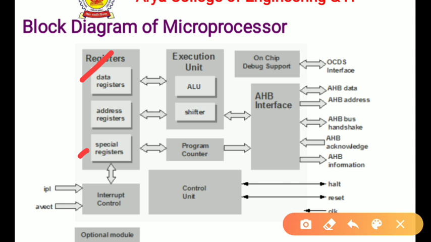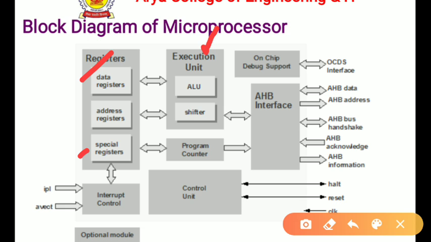For special functions, we have special registers. And we have another block, the execution unit, in which we have the ALU and shifter. ALU is the arithmetic logical unit that performs arithmetic operations on the basis of logic, and the shifter shifts the sequences and program codes.